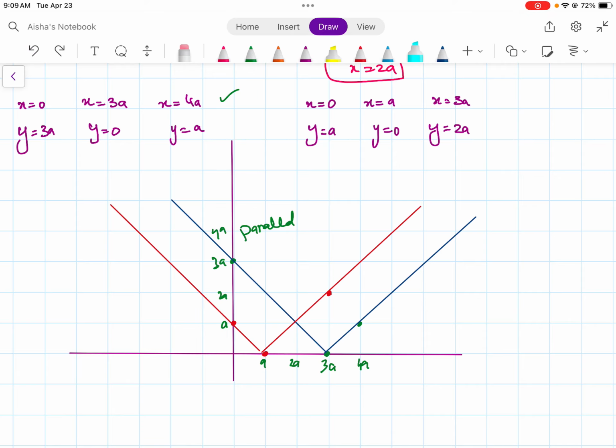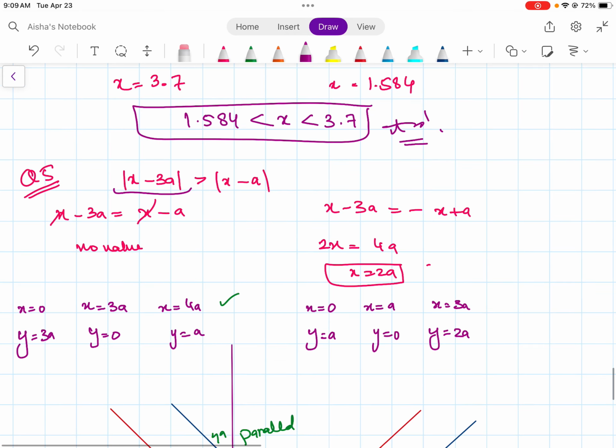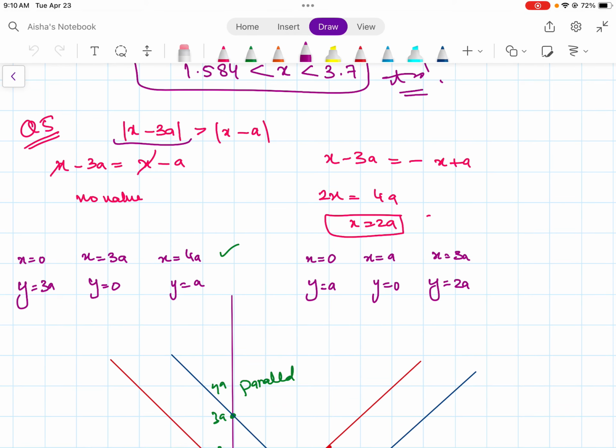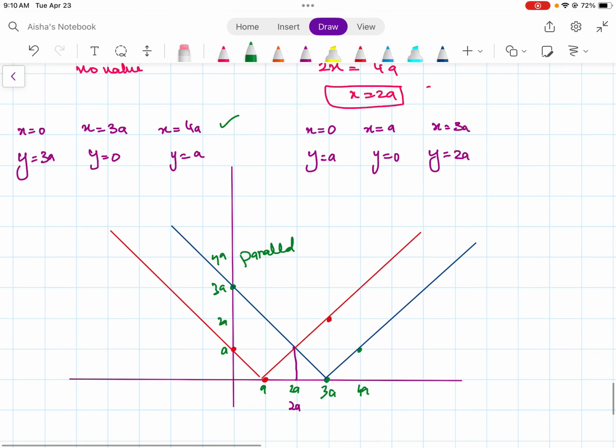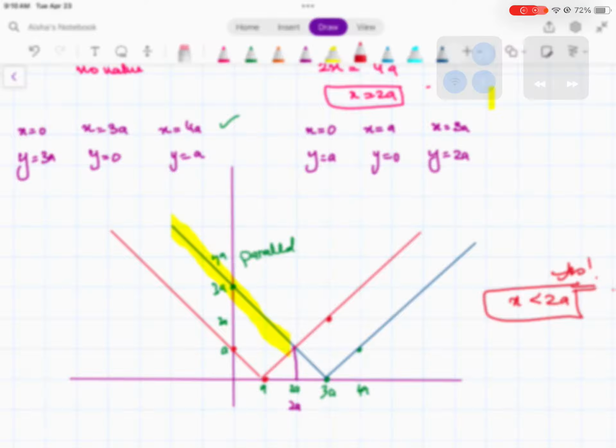Now the only intersection point comes at 2a. They want this x minus 3a, which is the blue graph, to be above the red graph. Blue graph is above the red graph on this side. So the final answer will be x is less than 2a. And that's the end of story for modulus.